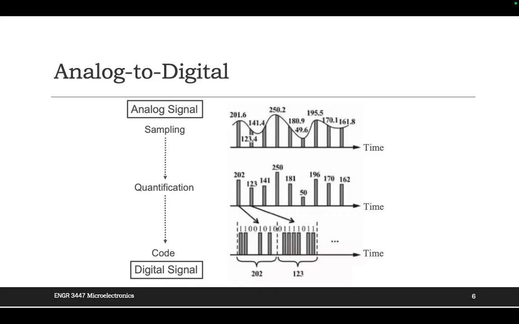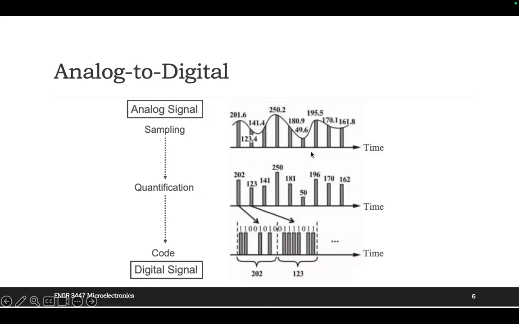And what is sampling? It means I just try to use a specific frequency to get the value. You can see here, this is the first one, this is the second one, this is the third one. You can see the duration time is the same. That makes sense to you? Yeah. Okay. Then we have the quantification process.